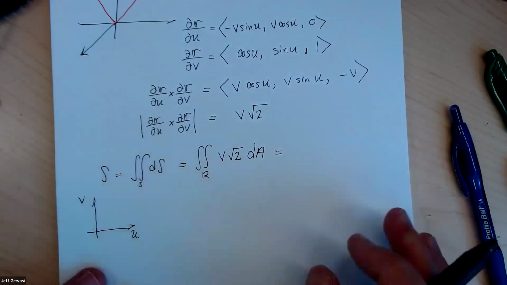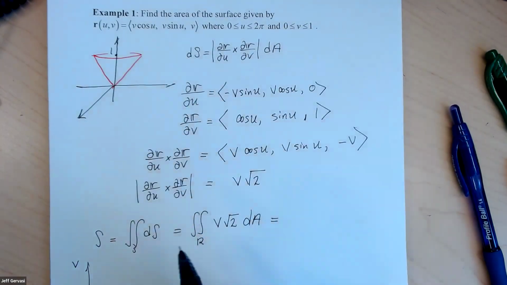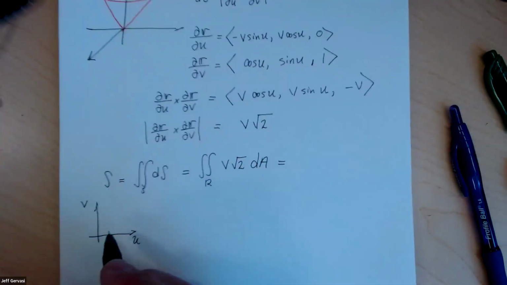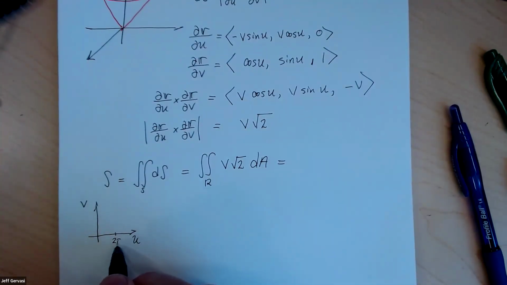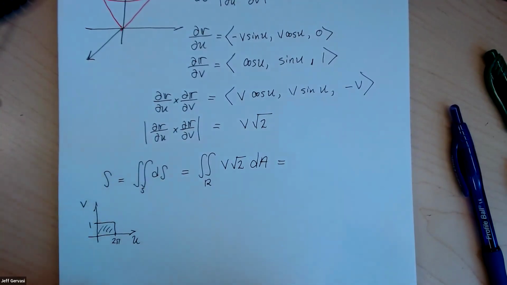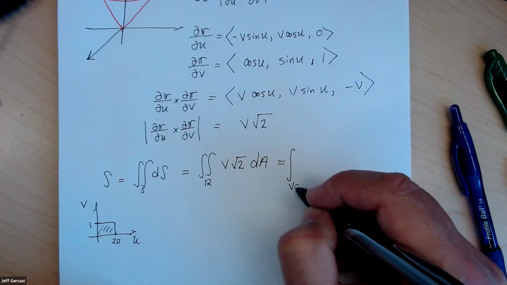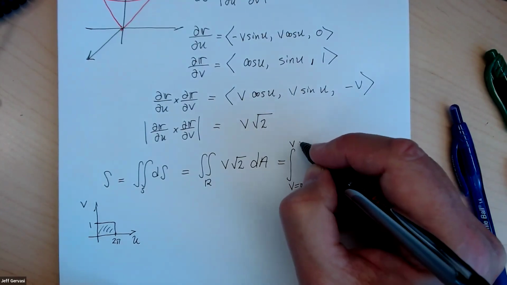And we said that above, right? We said U was going to range from 0 to 2 pi, V from 0 to 1. So my figure would look like this. Okay, nice little rectangle. And I'll set up my iterated integral.